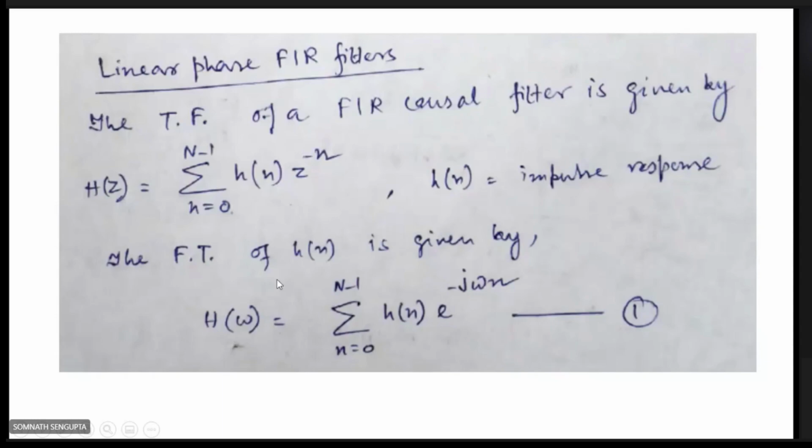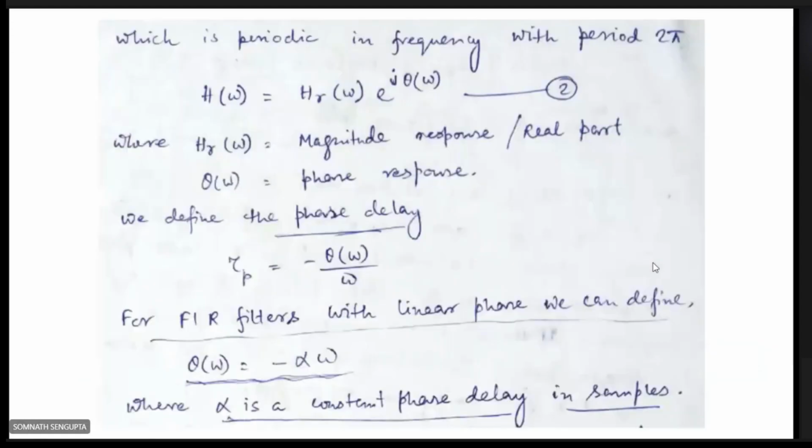At the same time, because we need to relate frequency with phase, we also consider the Fourier transform. That is H(omega) equals the summation from 0 to N minus 1 of h(n) e to the power minus j omega n, which is periodic with period 2 pi.